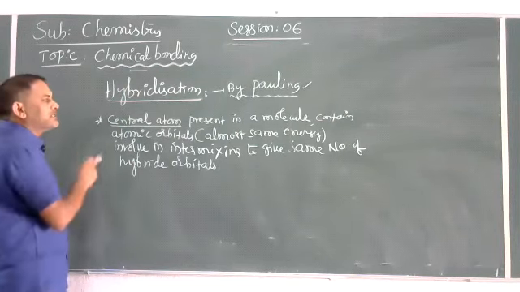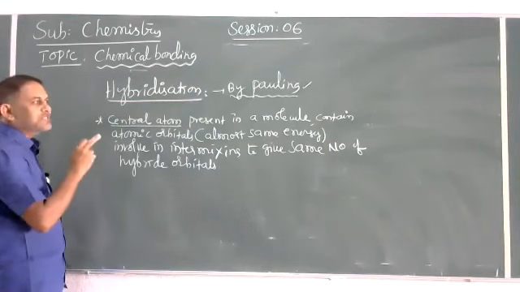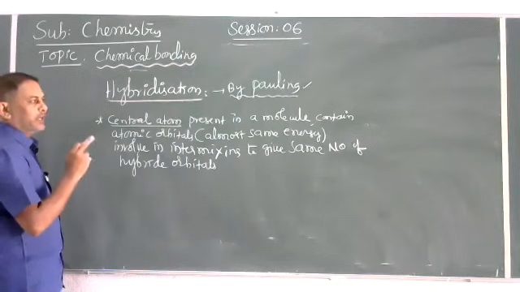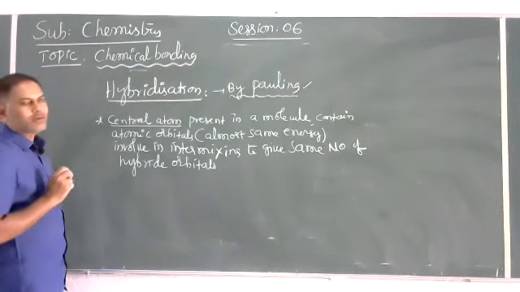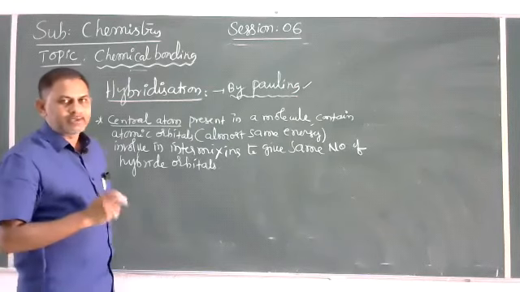That is, intermixing of atomic orbitals present in a molecule or species, either a positive or negative ion or a neutral molecule, gives the same number of identical hybrid orbitals.